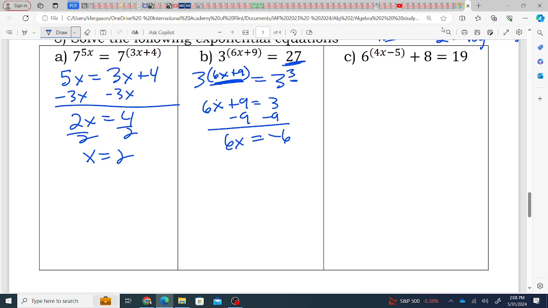And then finally, okay, so I got this problem. First thing I'm going to do is subtract 8 from both sides. So that's 6 to the 4x minus 5 power equals 11. Well, I need to get to the x. I can get to the x by taking the log base 6 of both sides.